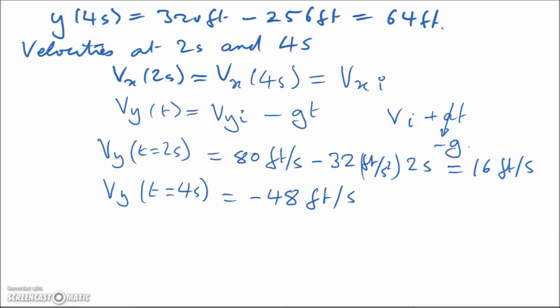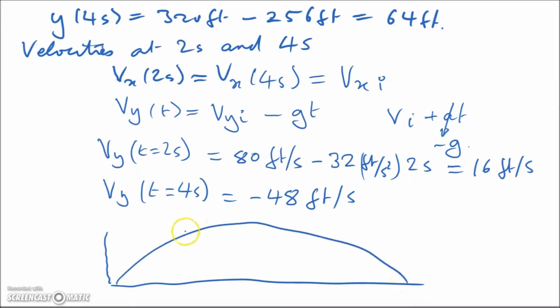Now, in a certain philosophical sense, we've actually solved the problem that we were asked to solve, because we have calculated 2 points on the trajectory. We've calculated a point at 2 seconds, where the vertical height was, I think, what was the vertical height? 96 feet.